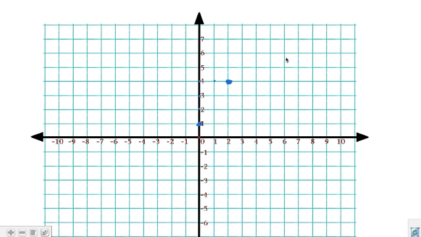And if you remember, I'll write it again here just so you can see, y is greater than or equal to 3 over 2x plus 1. Well, we have an equal to, which means we're going to get a solid line. And I'm going to try my best to make it straight.